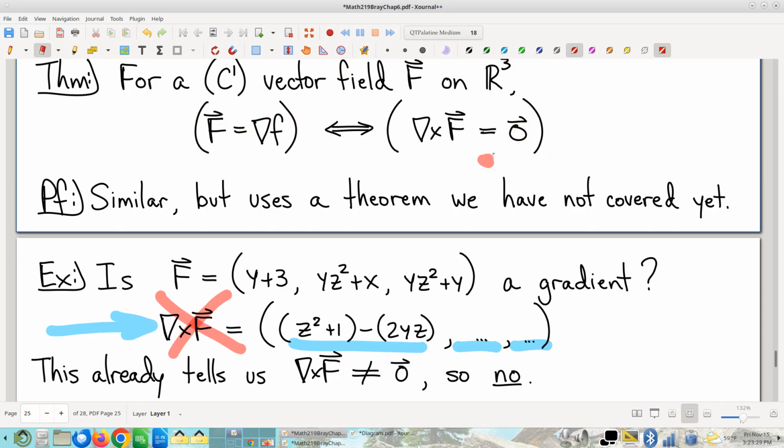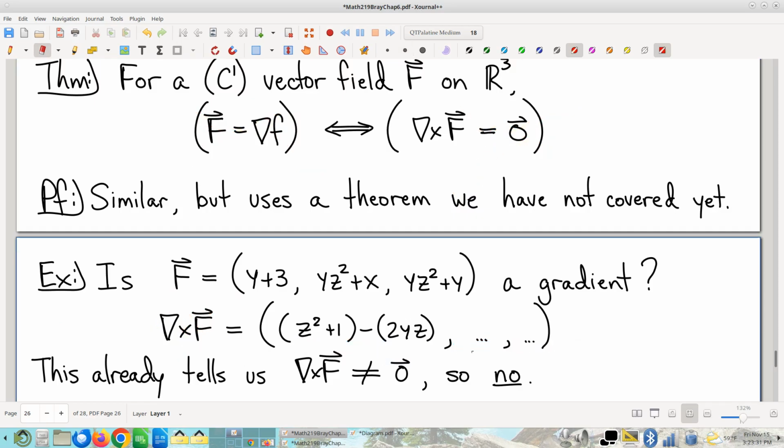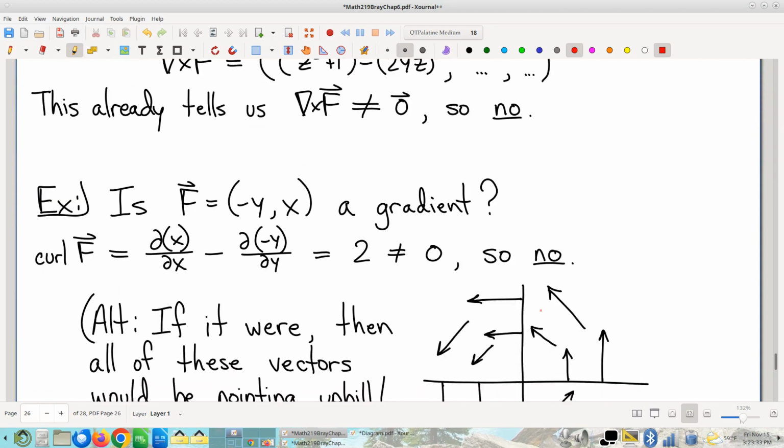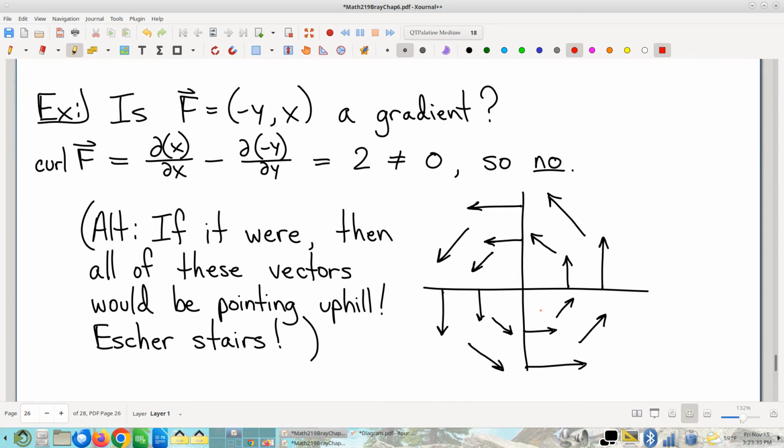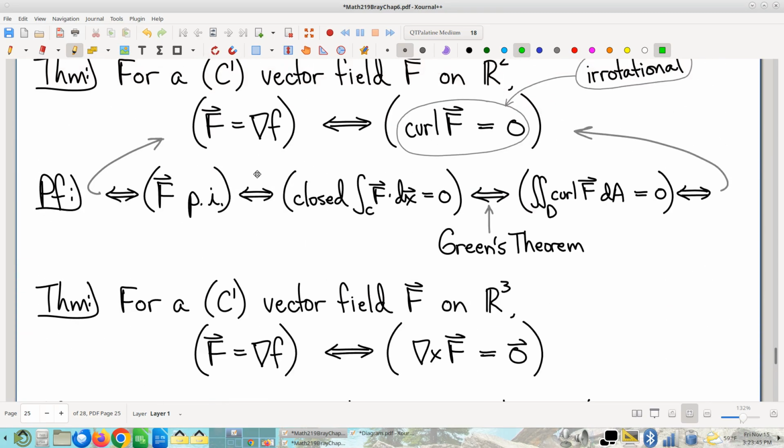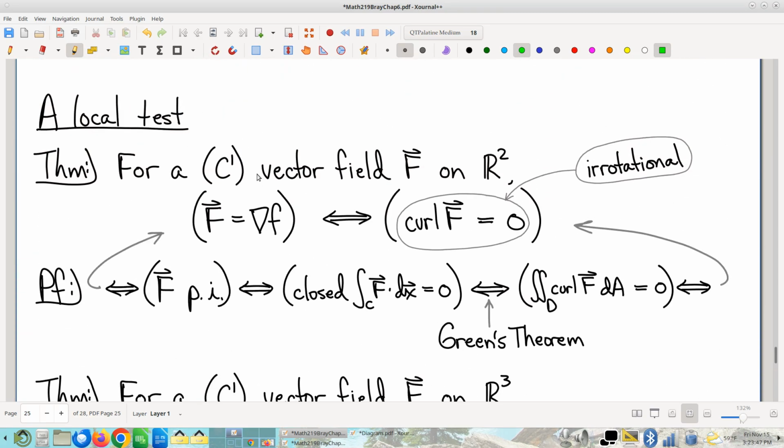Okay. All right. Second example. Now this is a 2-dimensional example, so let's remind ourselves, and you can see that right here, a 2-dimensional vector field. If you want to decide if a 2-dimensional vector field is a gradient, you use this 2-dimensional theorem in R2.